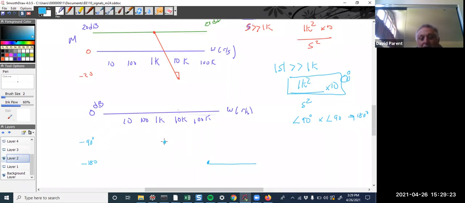And then all you have to do is remember your other rules of that. It starts changing at a 10th and it stops changing at 10 times. Let me put some better colors here. Right? So now all I have to do is connect the dots.